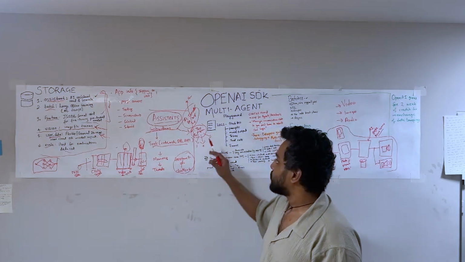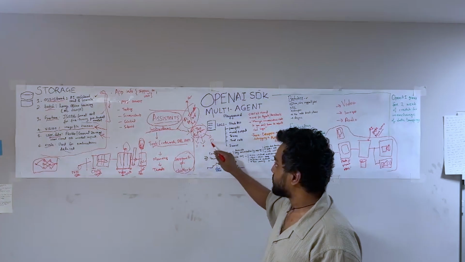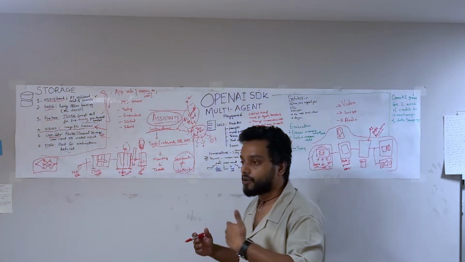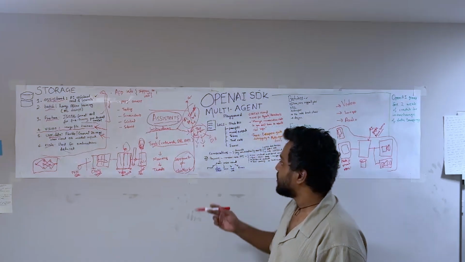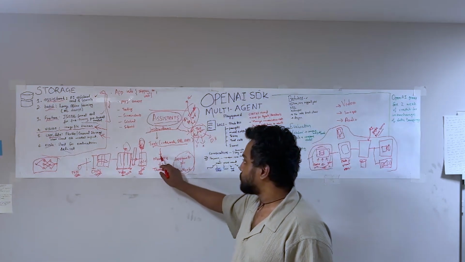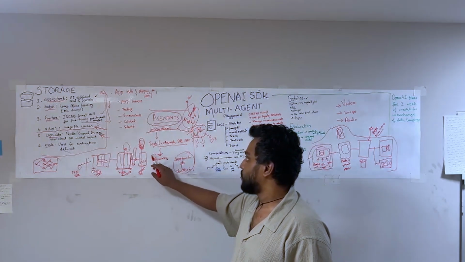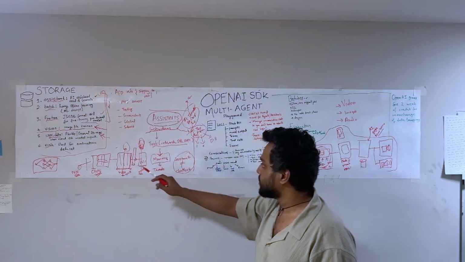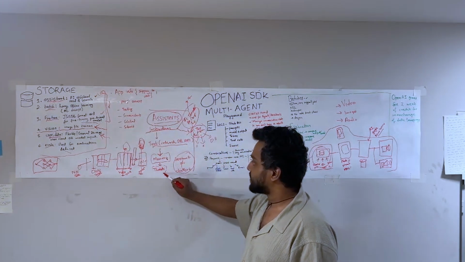I can also connect databases here, whatever makes my process better or solves my problem. Then these tools are all stored in memory, which is the memory or storage that we have discussed.